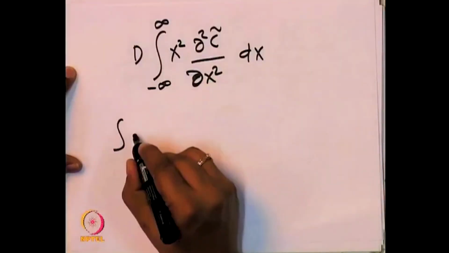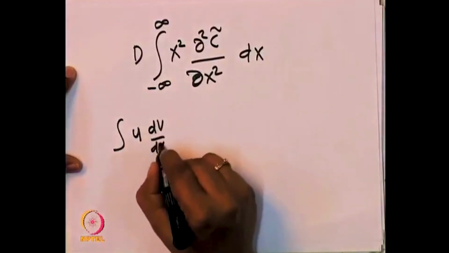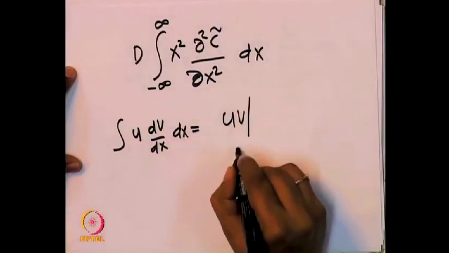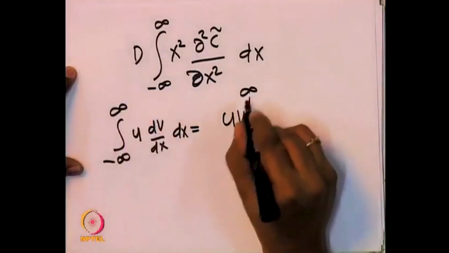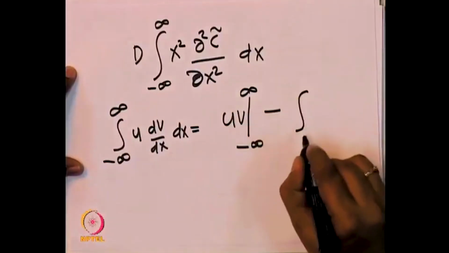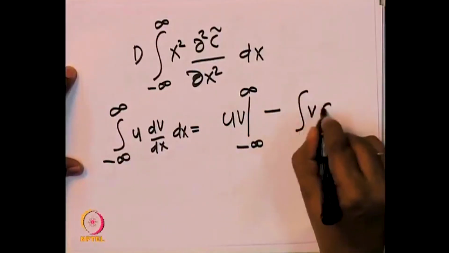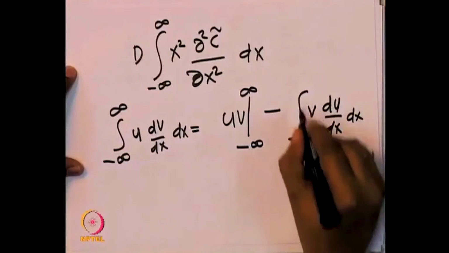I call this x square as u and this as dv by dx into dx, and we said that this is nothing but integral uv in the limits minus integral v du by dx, minus infinity to infinity.